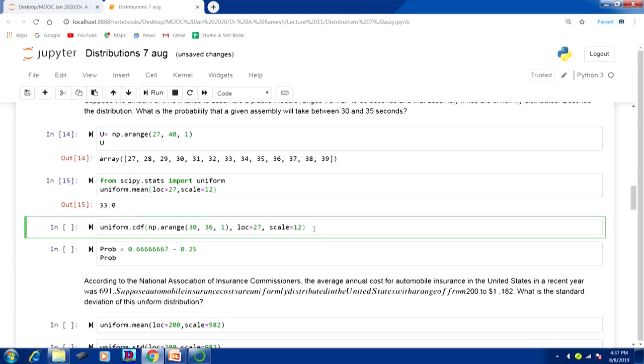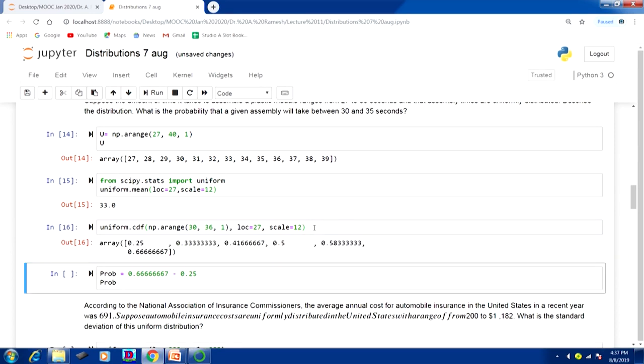So, this will give you the probability up to 30 to 35. So, when you run this, the probability of 30 is 0.25, 31 is 0.33, 32 is 0.41 and so on.